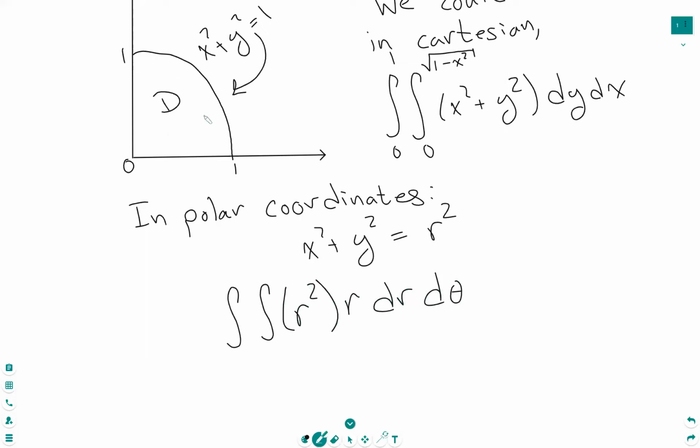I'm just doing dr d theta. This is a polar rectangle, so we could do it the reverse order, but I just chose dr d theta. So we have that r goes out from 0 to 1, and we have d theta go from 0 to pi over 2.